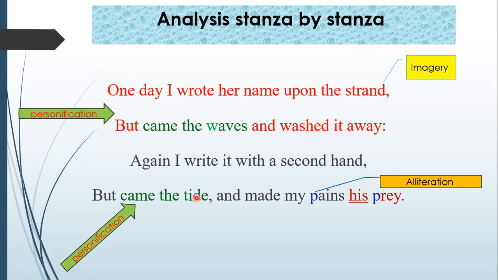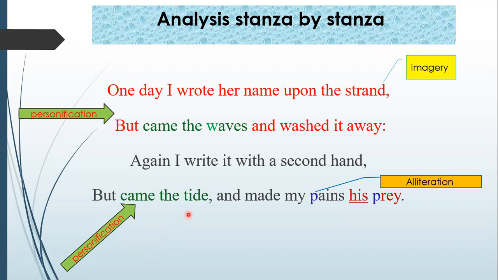A tide means المد، مد الماء، والمد والمد الماء شيء جامد، فلا يستخدم his مع هذا الشيء. لكن here the poet is using personification. التشخيص أو إعطاء صفات آدمية إلى شيء غير آدمي. So we have here personification.